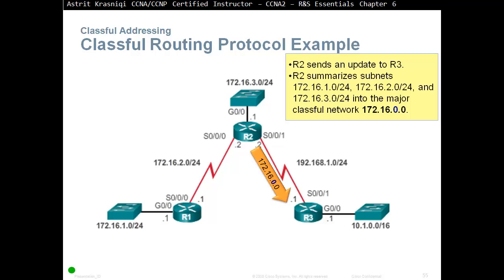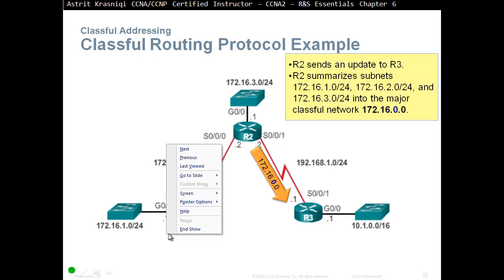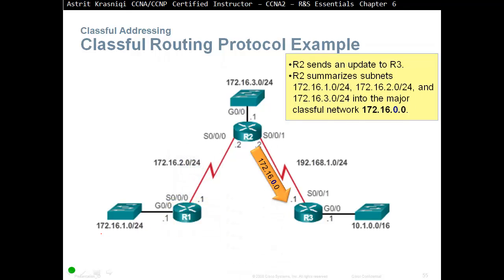So, a classful routing protocol example. Router 2 will send an update to router 3, but it will summarize all the networks 172.16.10.0, 172.16.20.0, and 172.16.30.0 and send it to router 3 as just one network, 172.16.0.0. The question now is, this is the network of router 1, 172.16.10.0, and it's subnetted from a Class B. By default it should just be 172.16, that's it.